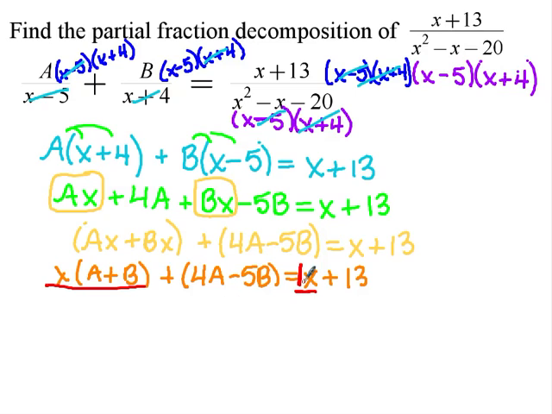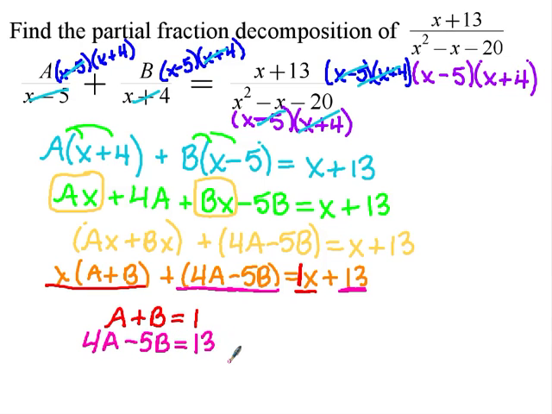So I know that A plus B has to equal 1. That's your first equation. Likewise, I've got 13 here, and 13 has to equal this one, 4A minus 5B.